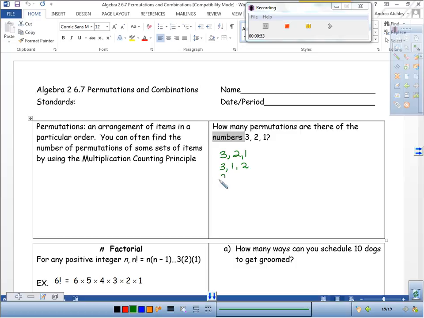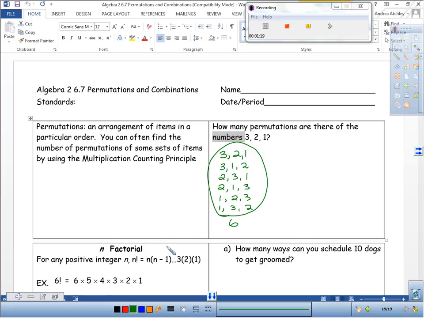Then I can do 2, 3, 1 and 2, 1, 3. Then I can do 1, 2, 3. Then I can do 1, 3, 2. I think that's it. So there's 1, 2, 3, 4, 5, 6. A total of 6.